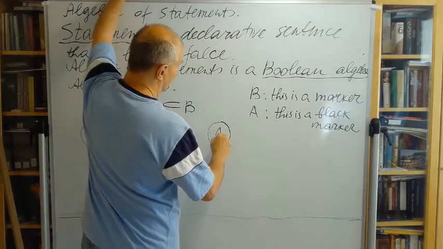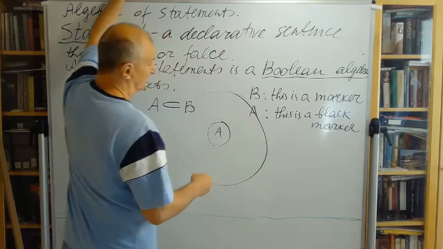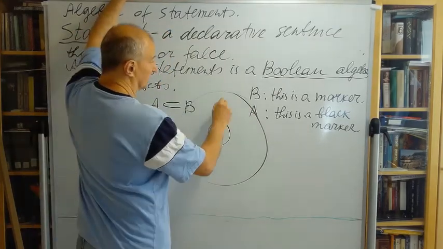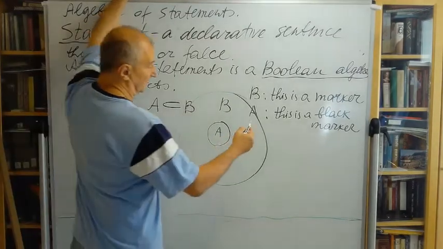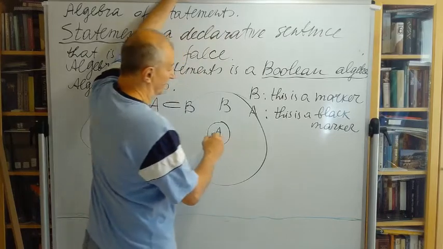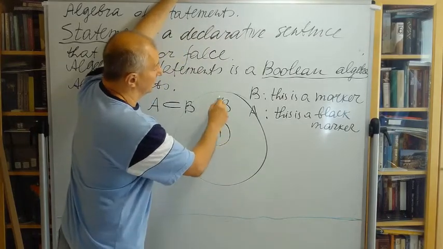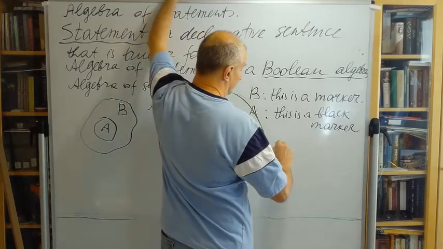This is a black marker; it's part of the statements about markers, so B. Of course, if A is a black marker, then it's a marker, yes?